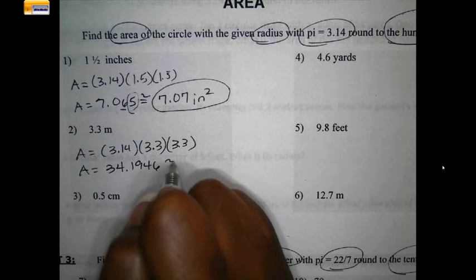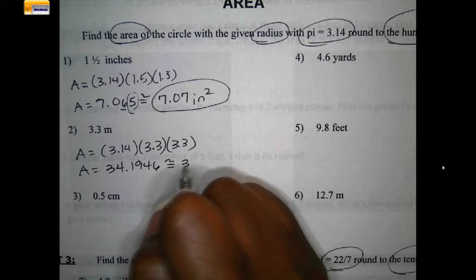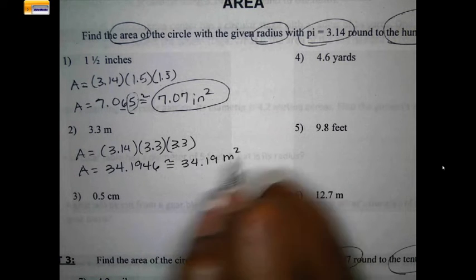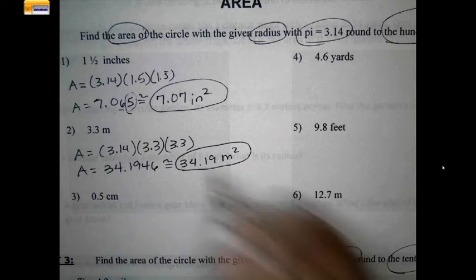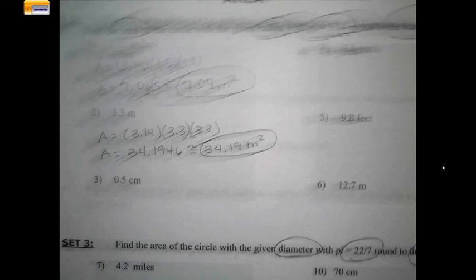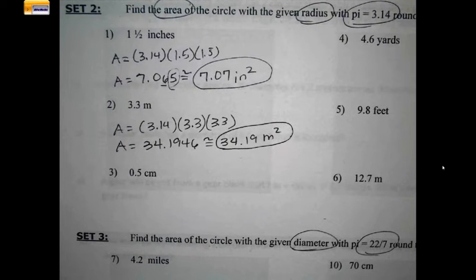And then I need to round this. And that would be meters squared. Don't forget to put the unit down, okay? So those are the first 2 problems in problem set 2.